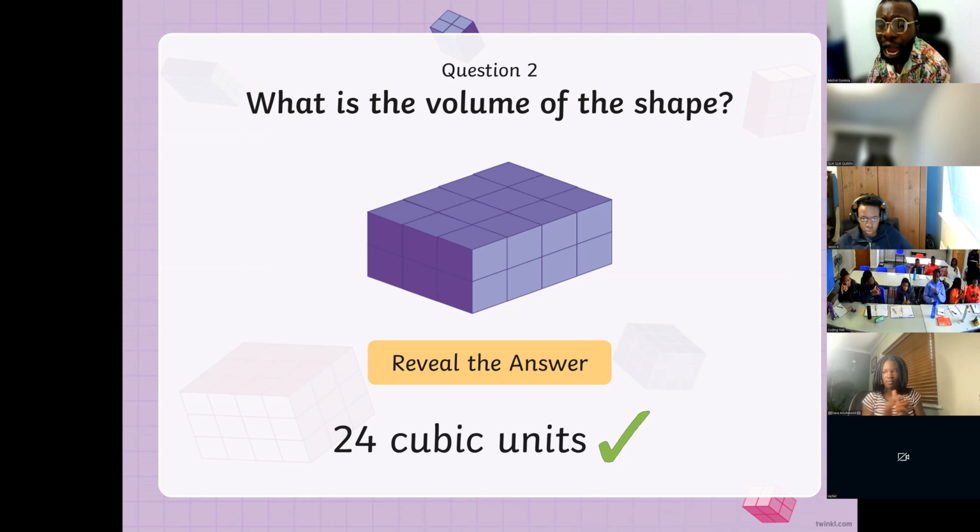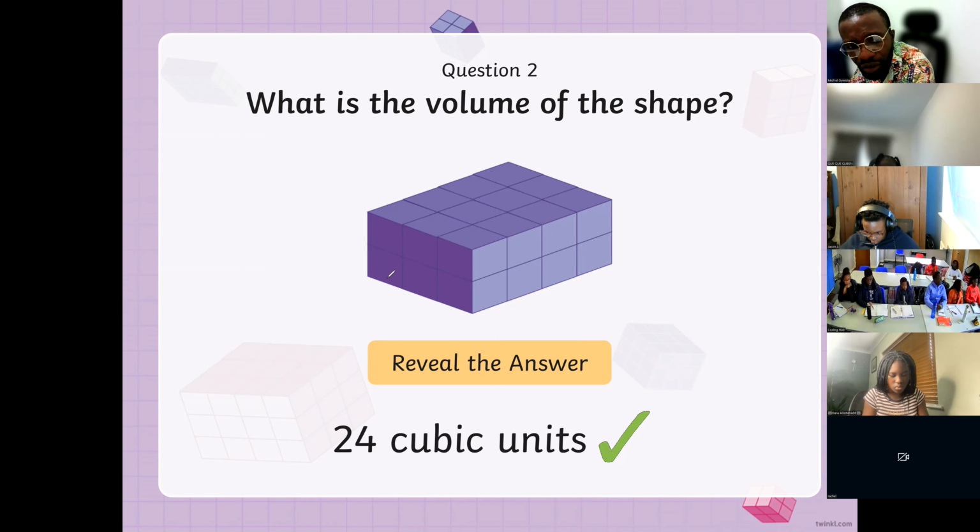Okay, so how is it 24? Let us count. On this level, we have 1, 2, right? And on this, we have 1, 2, 3, and 4. How many layers do we have? We have 2 layers.